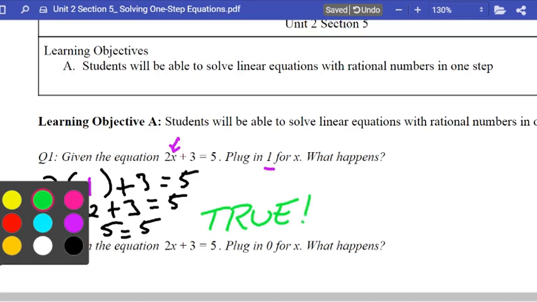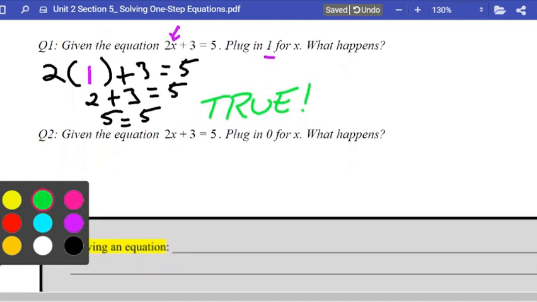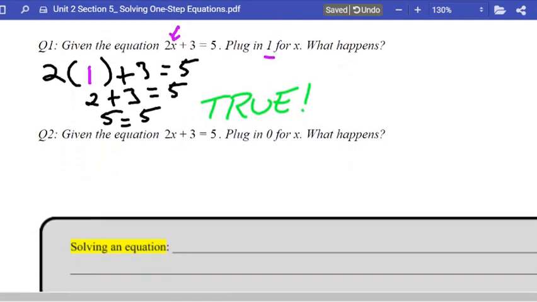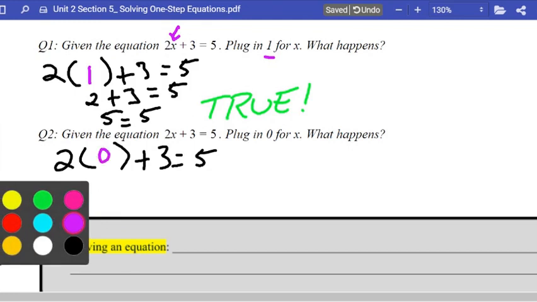All right, now let's try that on the next problem. Next time we're going to plug in a 0 for the x. I'm going to do the same thing again. Write this out and say 2 parentheses plus 3 equal 5. And this time, instead of plugging in 1 for x, I'll plug in 0.